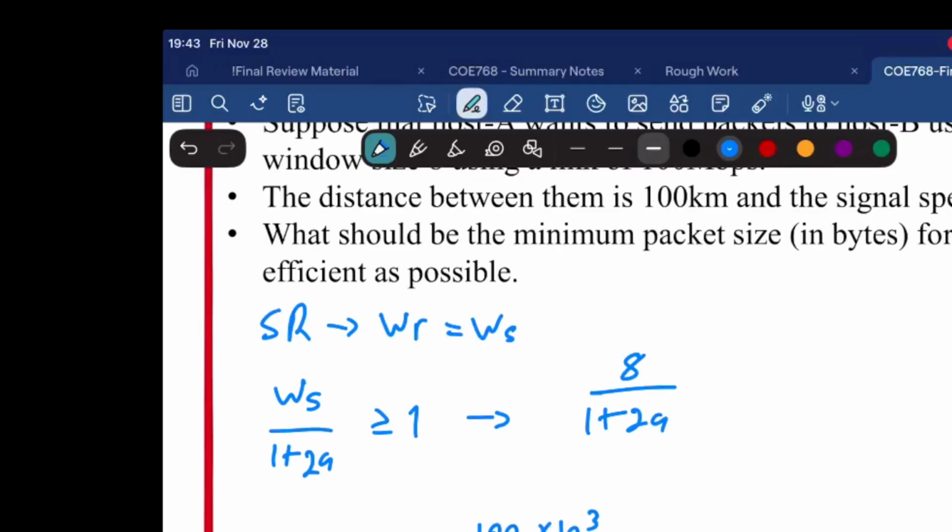So we convert 100 kilometers into meters. We divide that by our signal speed, which is 2 times 10 to the power 8. And then that is our propagation delay.